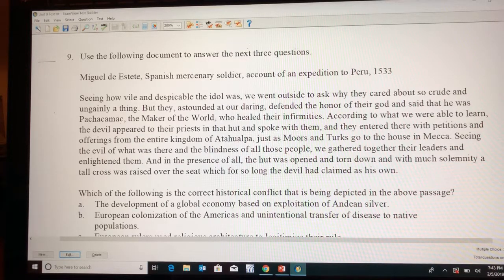"And in the presence of all, the hut was opened and torn down, and with much solemnity, a tall cross was raised over the seat which for so long the devil had claimed as his own." So basically, these soldiers taught them something that's going to lead to making a cross. So you should get that. The soldiers probably are teaching them about Christianity, and now they're denouncing their idols and becoming Christian.